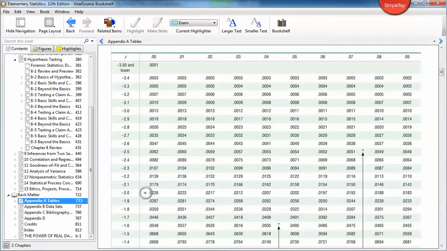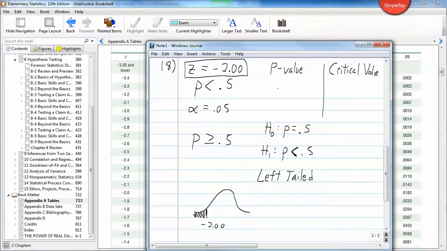So that means that our p-value is 0.0228.